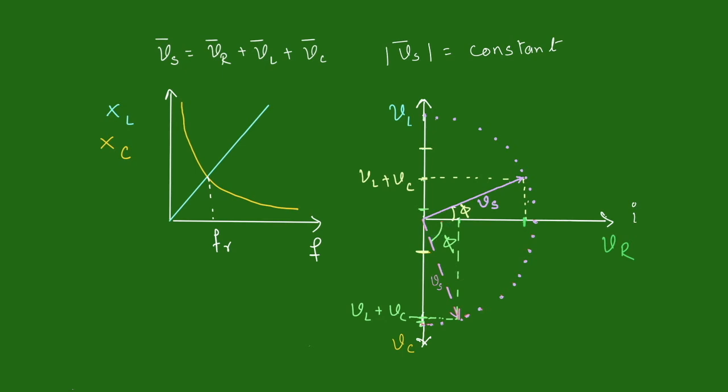Similarly, when we increase the frequency beyond FR, again VL plus VC goes on increasing, which will decrease VR as VS is going to remain constant. Maximum value of VR will then be equal to Vs when VL plus Vc is equal to 0, which happens when applied signal frequency is equal to Fr.